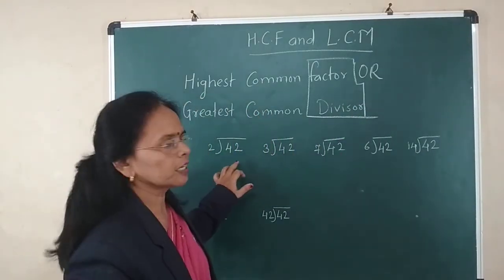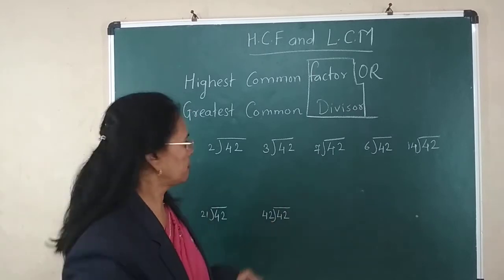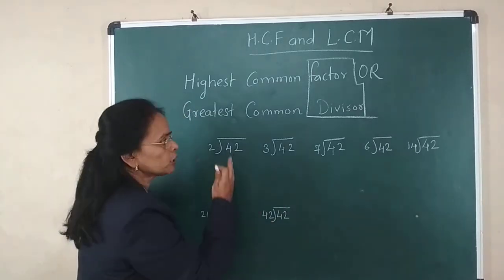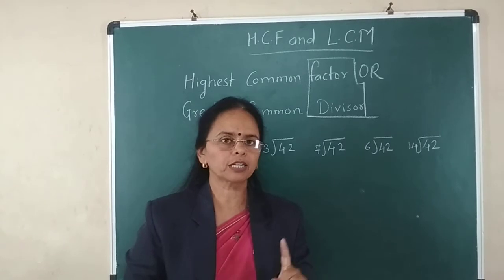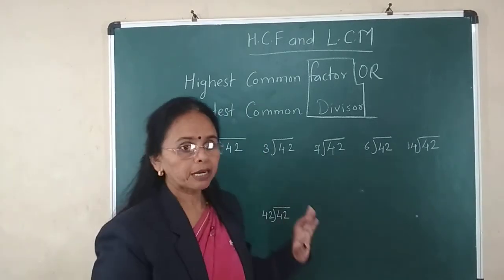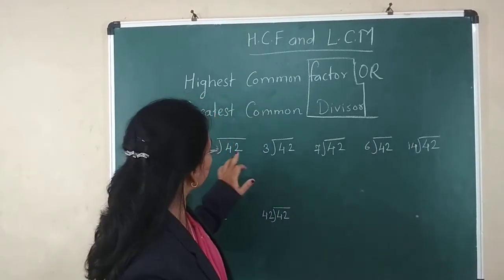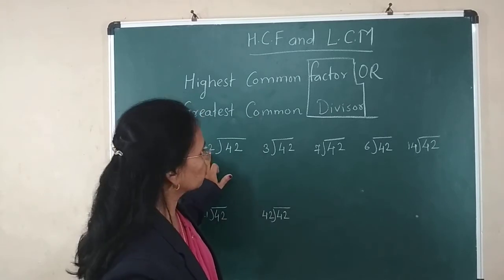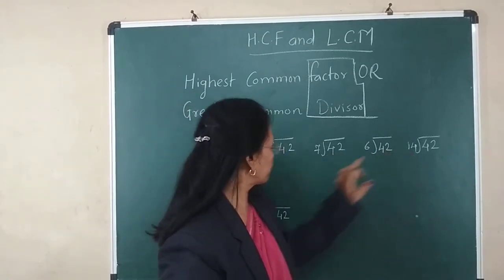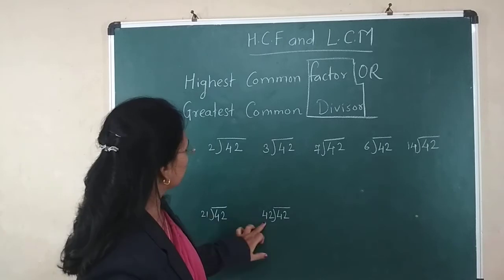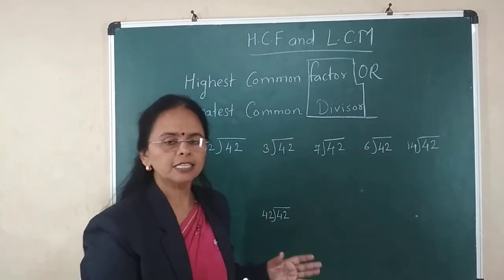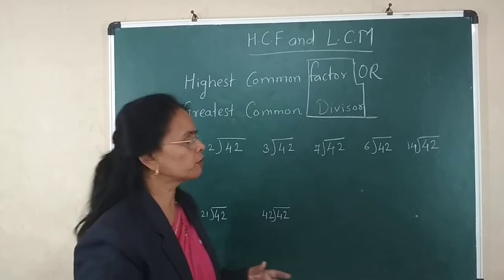Okay, here I have taken an example. 42, only one number I have taken, that is 42. But I have divided the same number by 2, 3, 7, 6, 14, 21 and 42. Let us see what will be the remainder of this one.